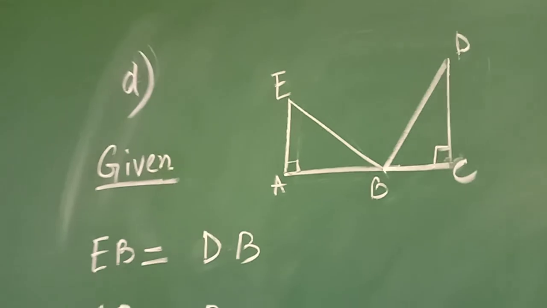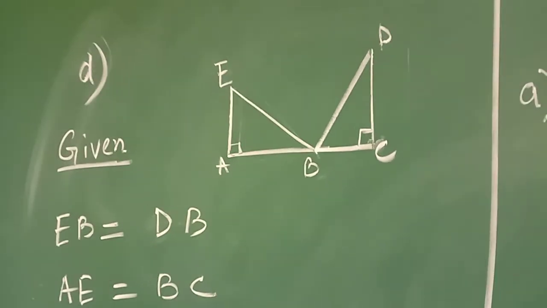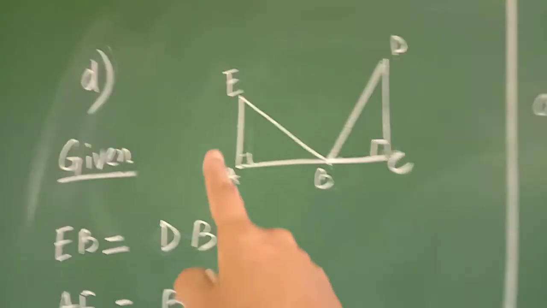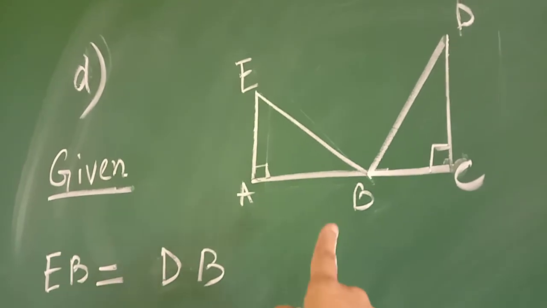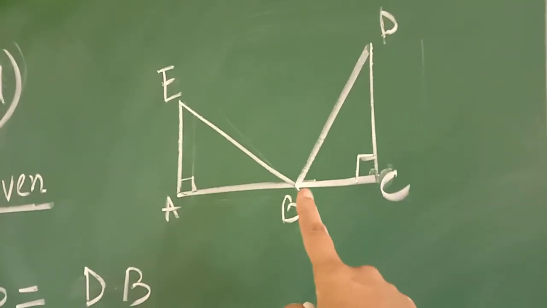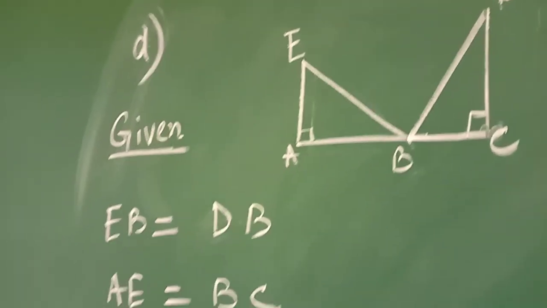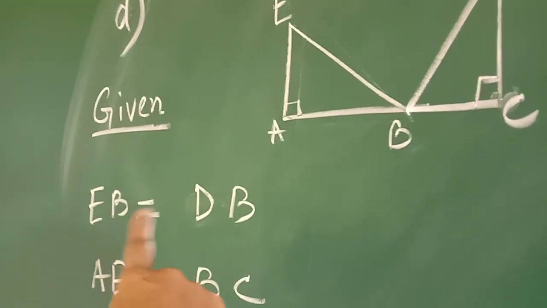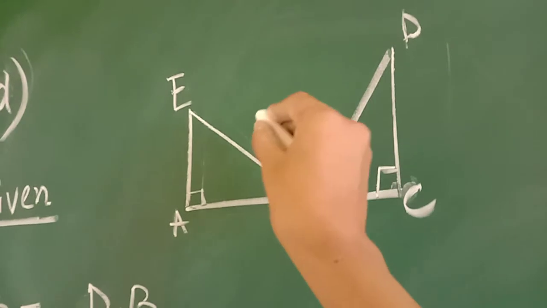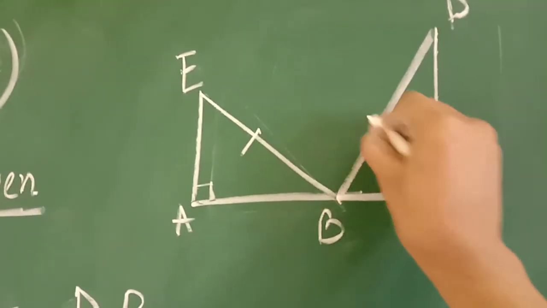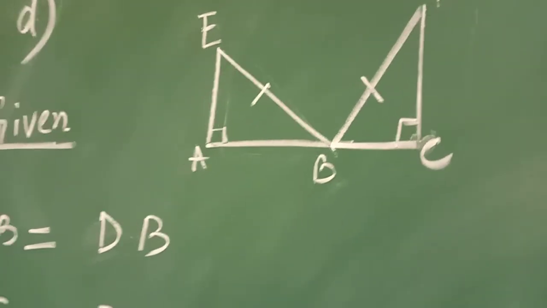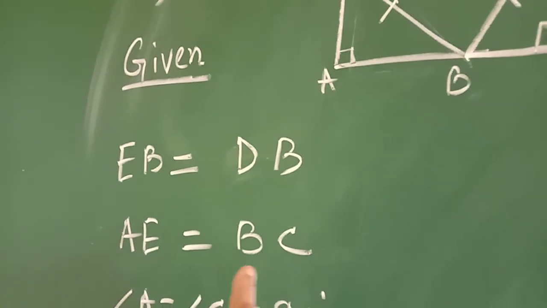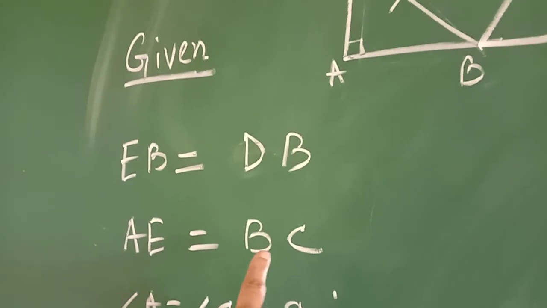Come to the next question. Next question is question number D. Here you have been given this triangle. See here, EAB and DCB are two triangles where the given clues are EB is equal to DB. One clue is this: AE is equal to BC.